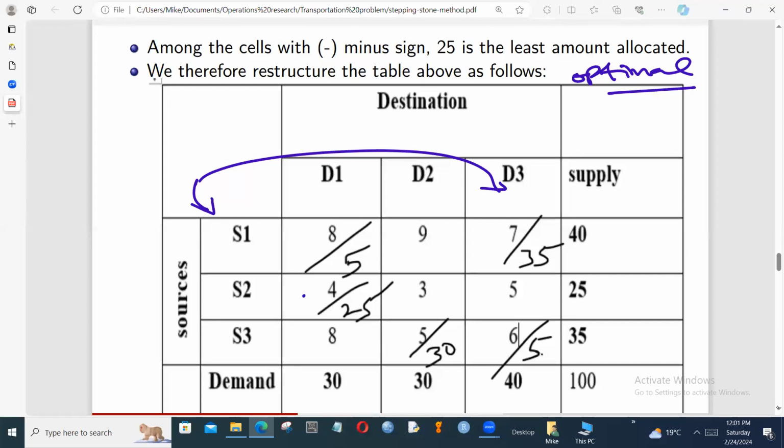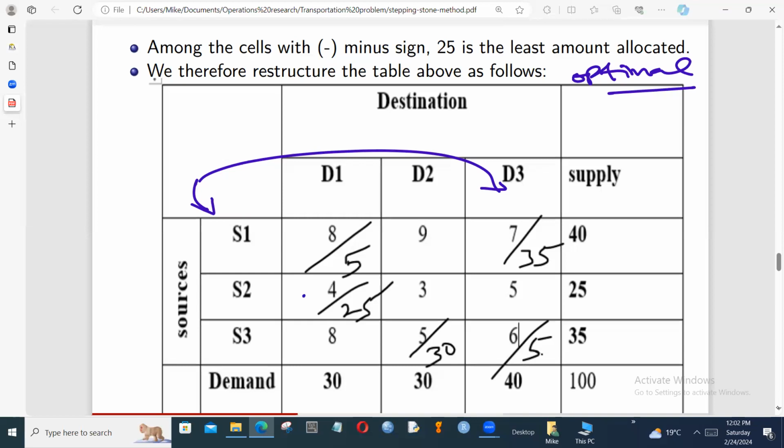And the procedure for that, again, is actually repeating itself. We begin again drawing loops for all the unallocated cells in this new readjustment, and then compute their corresponding improvement indices. And so it's from the table of improvement indices for all the unallocated cells that we shall be in a position to make a decision whether indeed this new restructured table is the optimal.